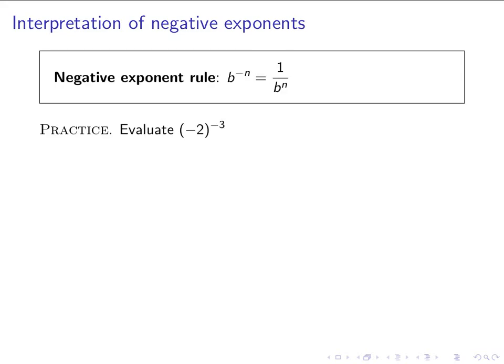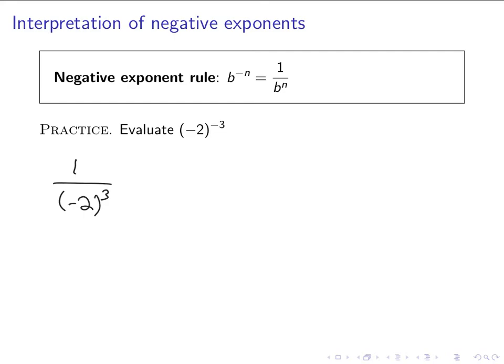So let's do one problem for practice. If I'm evaluating (-2) to the -3 power, I never want to be too distracted by what's inside the parentheses. As I said before, we think about the exponents in the same way regardless of what's inside the parentheses.